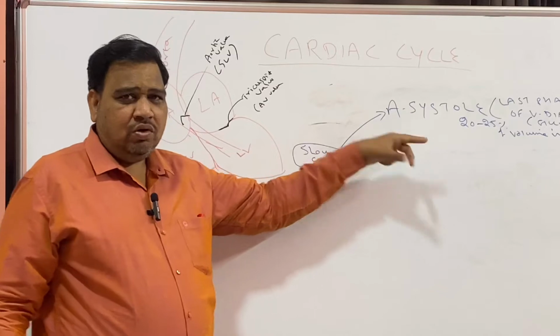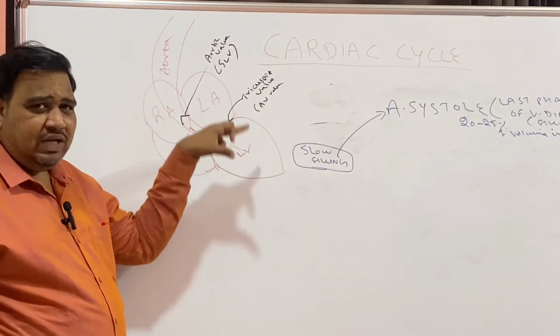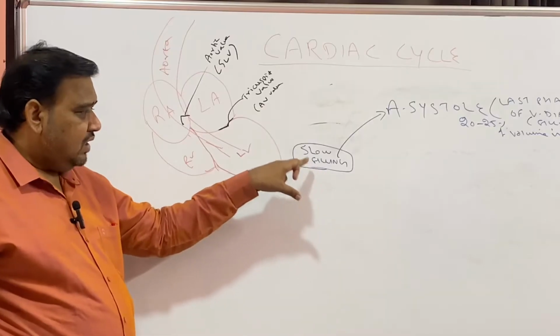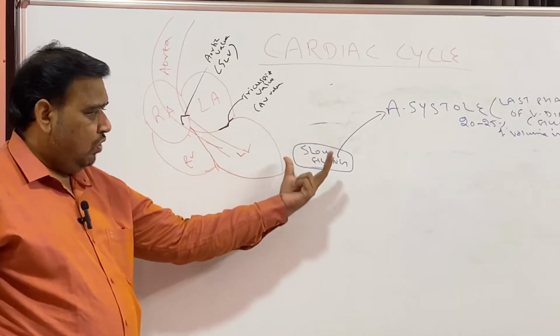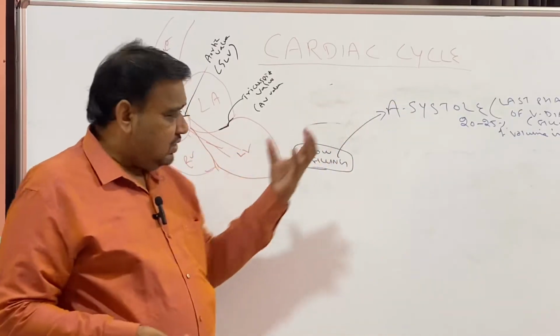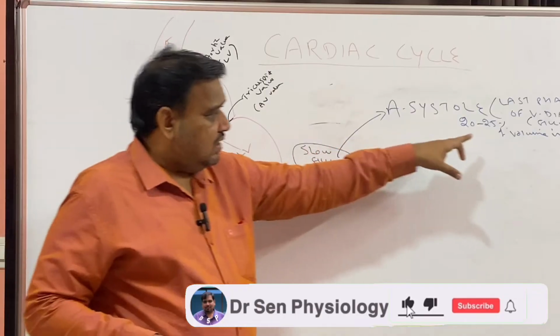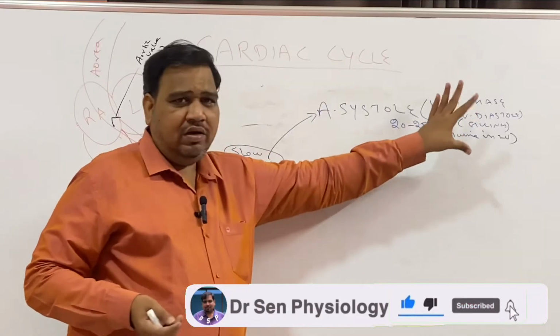Whereas in atrial systole, the atria contract and the left ventricle gets filled, which is the active phase. This slow filling is also diastole. Atrial systole causes the ventricle to get filled more. So this is the last phase of ventricular diastole.